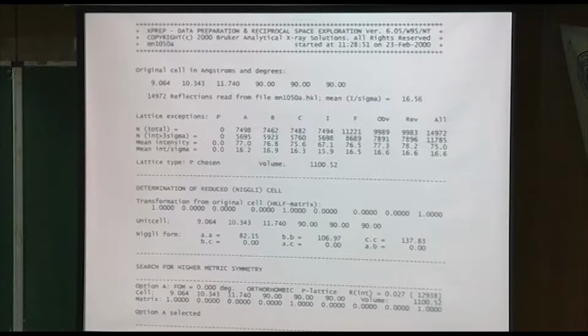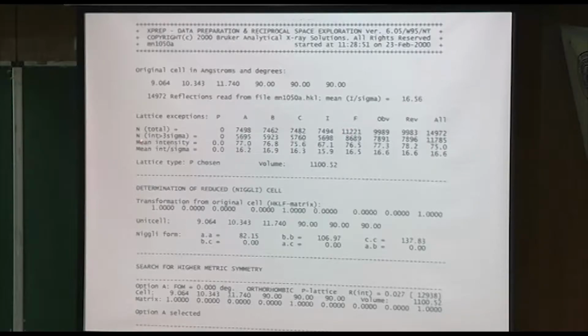And the mean I over sigma, 16.56. That's an excellent I over sigma. Look for it to be about 6 or more. If it's much less than 6, I think you're in trouble. If it's 6, which is this last row here, you'll probably be able to get the structure fine. This one is fantastic, so yeah, that was an easy one.